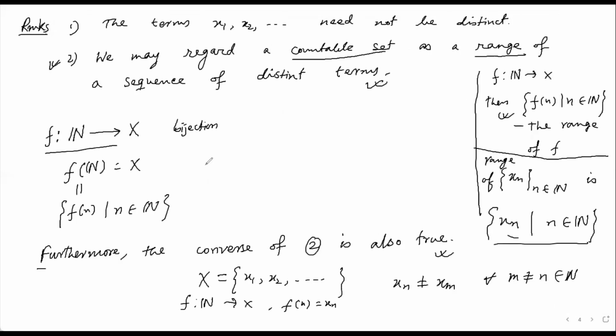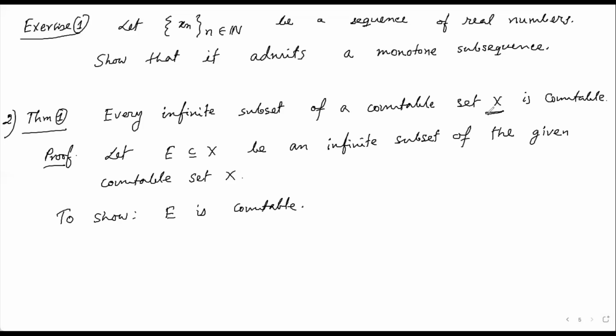So by the second remark and the hypothesis that X is a given countable set, we can arrange the elements of X in a sequence of distinct terms.